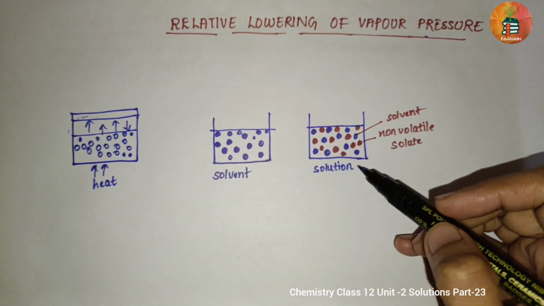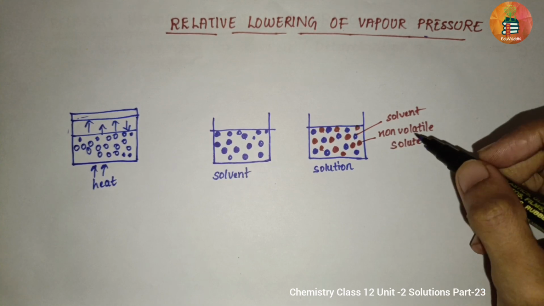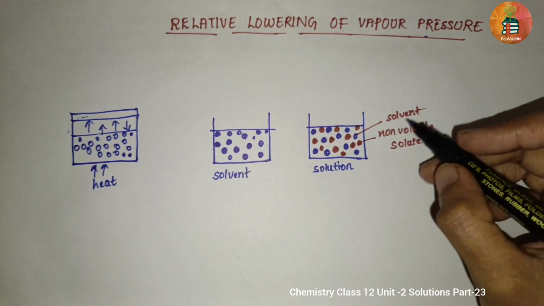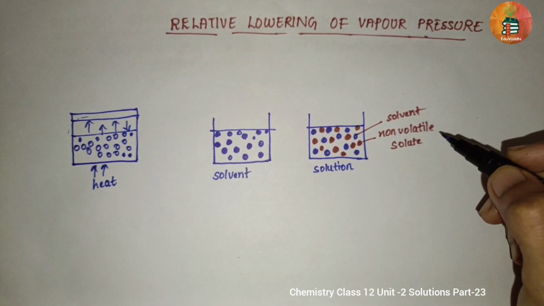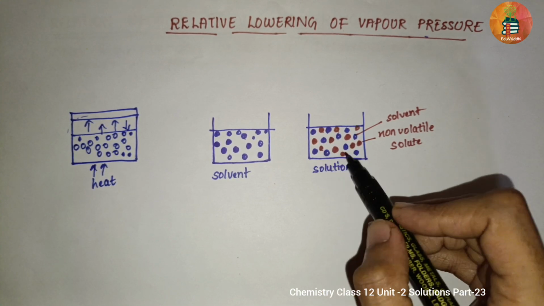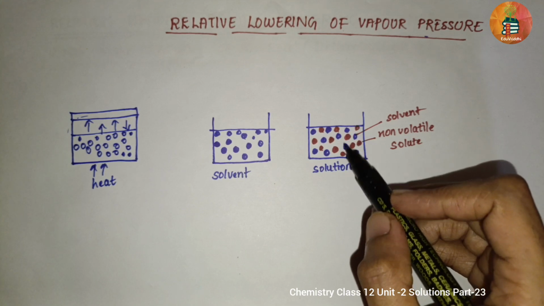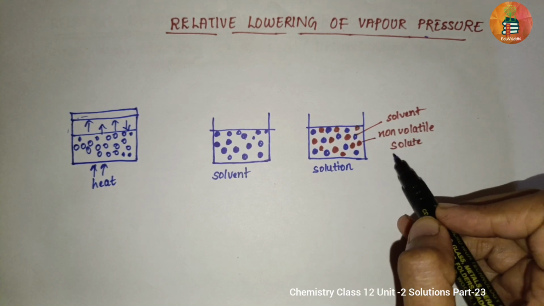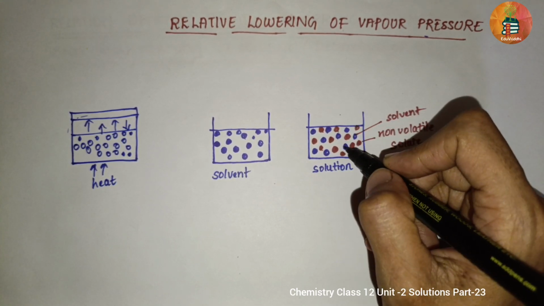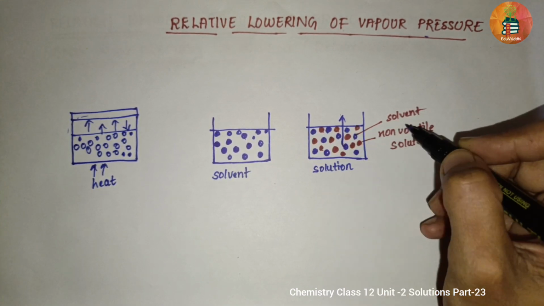But in case of solution, since we have added non-volatile solute into this solvent, non-volatile means it does not volatilize. The solid particles are not volatile, and when you heat this, the solvent particles will undergo evaporation and change into vapor state, but not the solute particles. But to change into vapor state and come out, the solvent should overcome the spaces in between these solute particles.